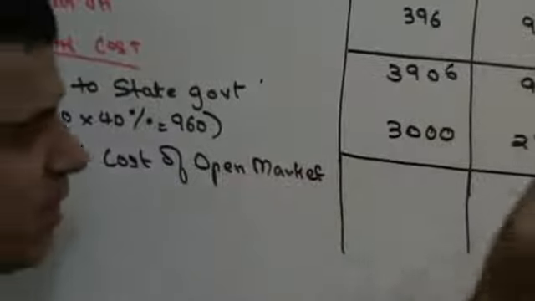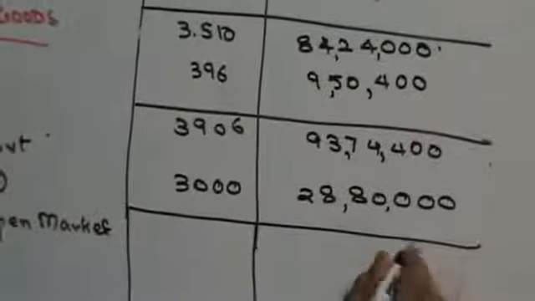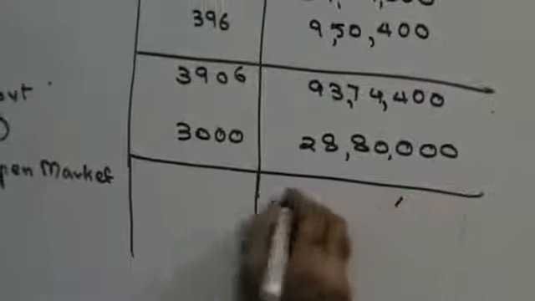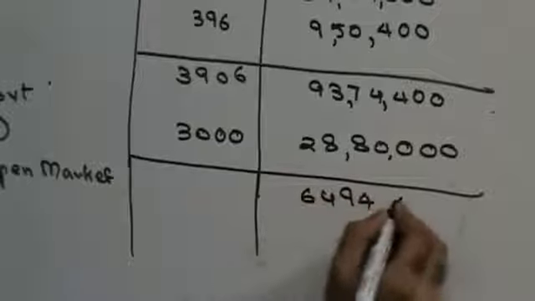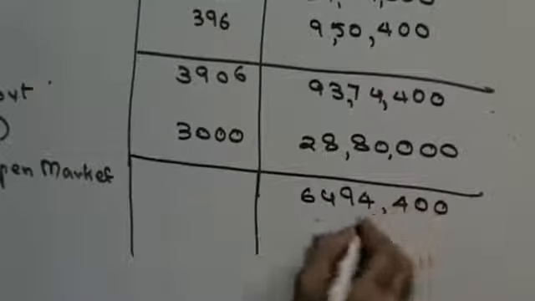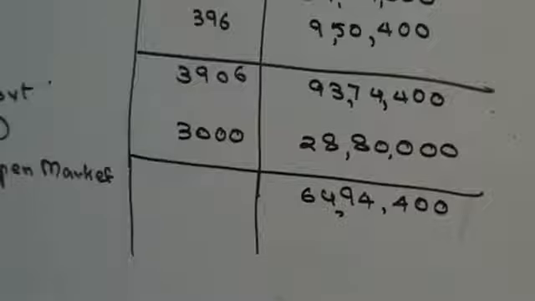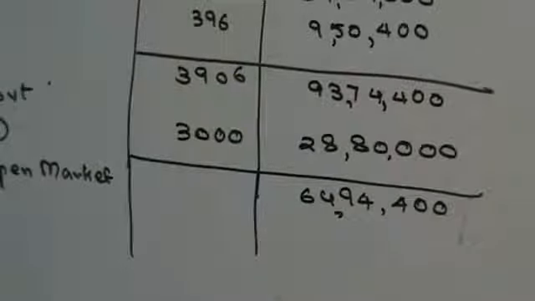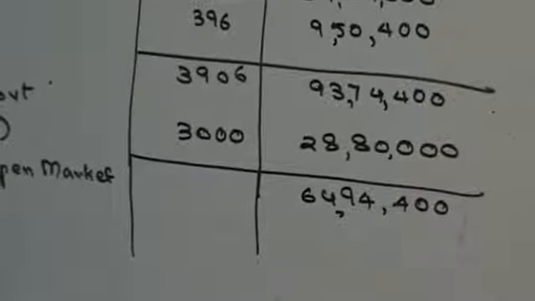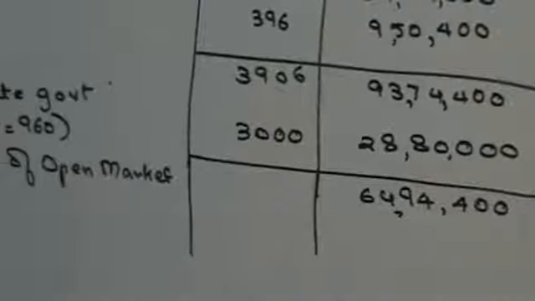So after selling to the government, what you will get is the total cost of the open market. How do you do this? Please first subtract this. 64,94,400. Now, you had manufactured 2,400 tons and 960 tons has been sold to the government. So how much is available in the open market?